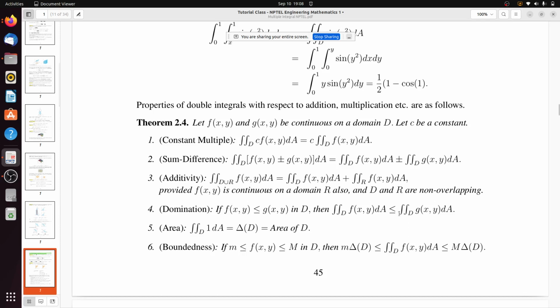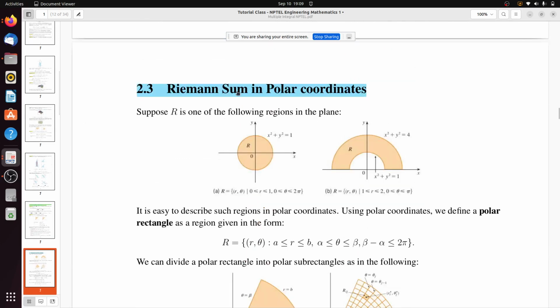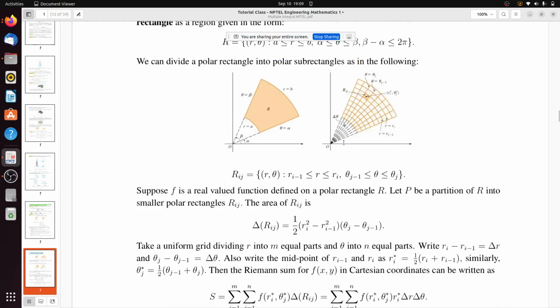Also domination is there: if f(x,y) is less than or equal to g(x,y) in D, then the multiple integral of f will be less than or equal to that of g. And the concept of area is just integrating 1 with respect to dA, where dA is dx dy, and in polar coordinates it will be r d theta dr. Then we have expressed the Riemann sum in polar coordinates, and how to determine this type of sectorial area using polar coordinate concepts.